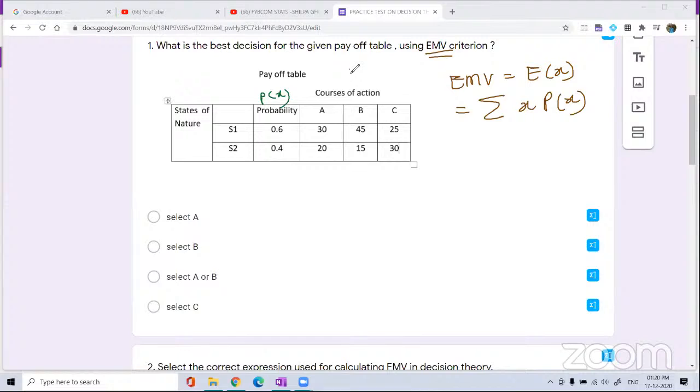So courses of action. This is my decision maker, and I have to select among these three. The logical thinking would go in this manner. Then this is your P of x, and then the x value, for A it will be 30 and 20, then for B it would be 45 and 50.